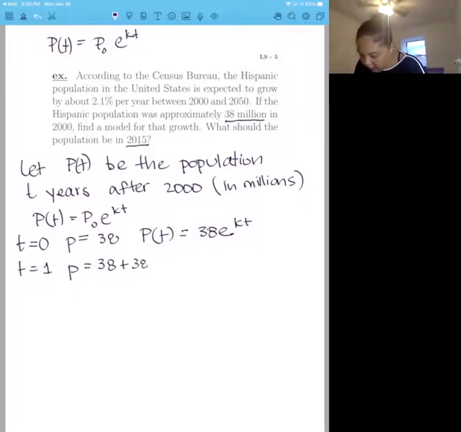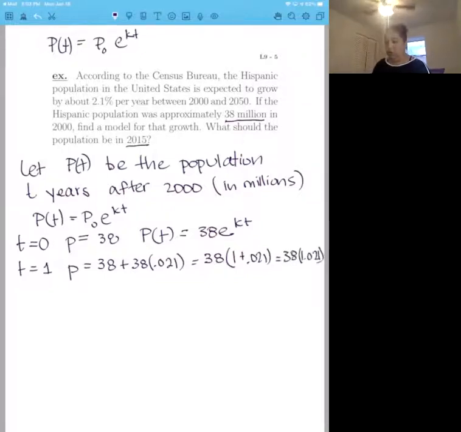So 38 times 0.021 or 38 times 1 plus 0.021 or 38 times 1.021, right? So it's growing by 2.1%. So I have 38 million the first year and then 38 million plus the additional 2.1% the next year, okay?